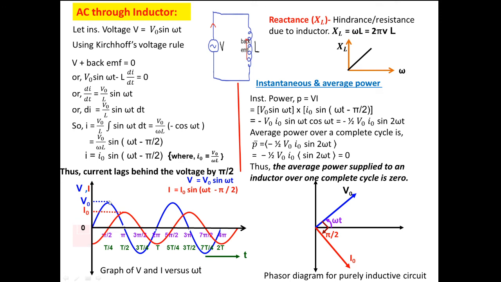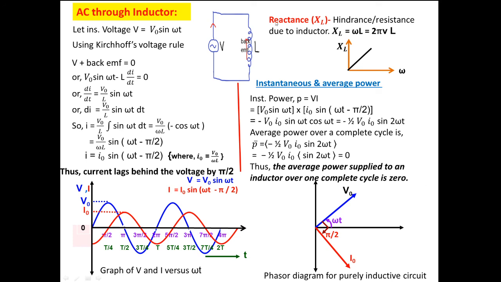And at pi by 2, voltage will be maximum and current will be minimum, and so on. And here this right hand side is the phasor diagram. See, it is the instantaneous voltage, V naught sin omega t, and current's phase is omega t minus pi by 2. So in the opposite side, current is at angle pi by 2.